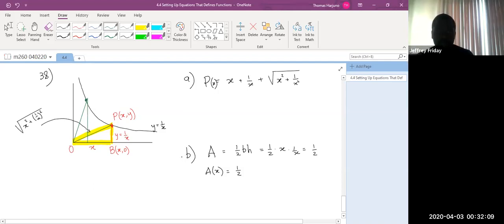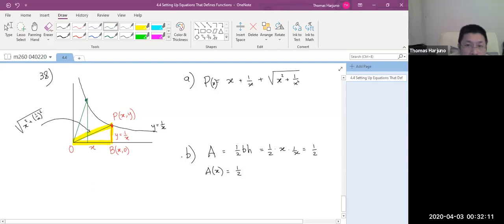Well, because the area of the triangle is actually independent of x. It's not depending on how far you choose your p from the origin. You can choose this p here, and the area is still 1/2.